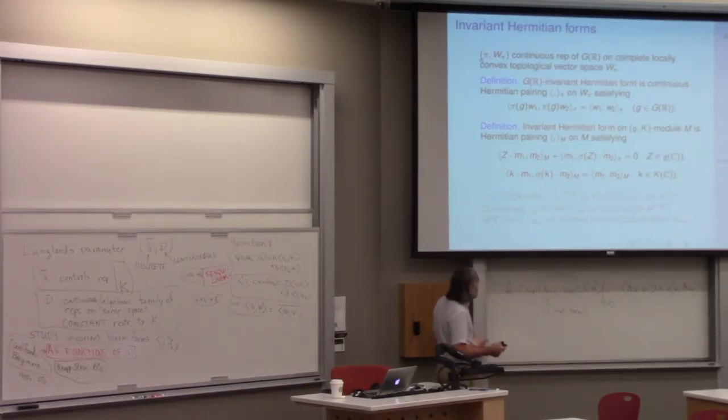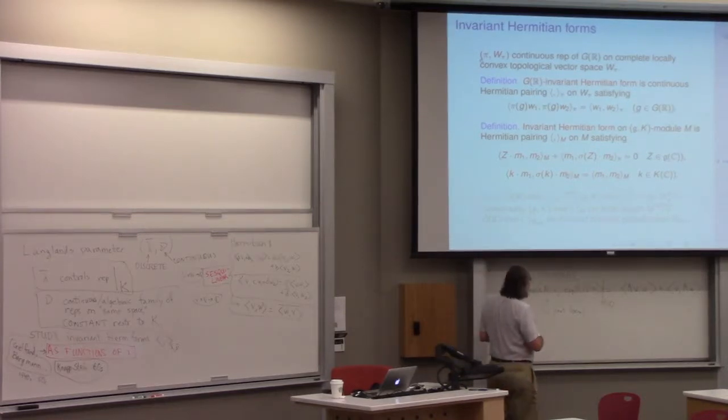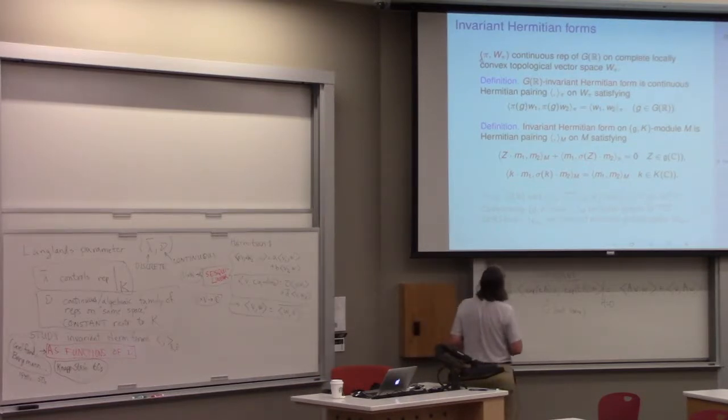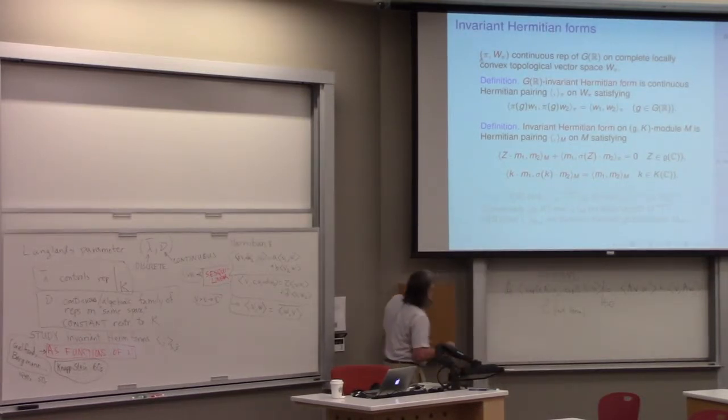But if I use the complex Lie algebra, how do I say it? I'm not going to belabor it. This sigma is the complex conjugation. I'll just leave that.